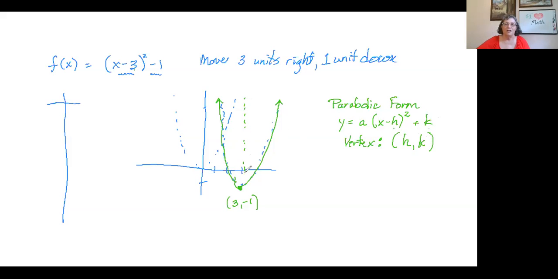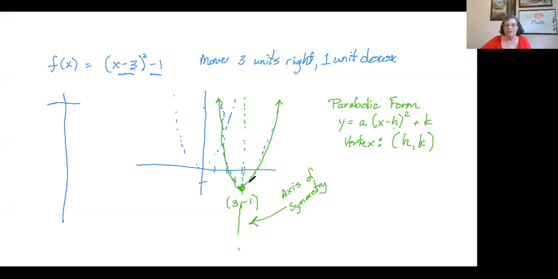The axis of symmetry always goes down through the vertex. It's a vertical line, so the equation of any vertical line is going to be x equals whatever the x values on all the points are.